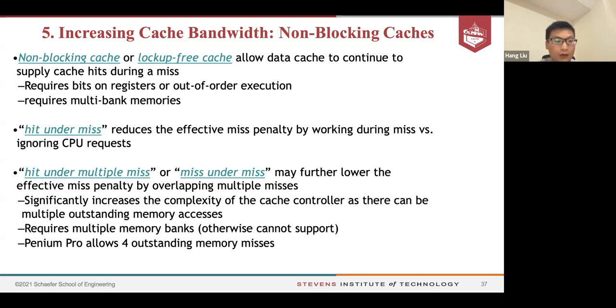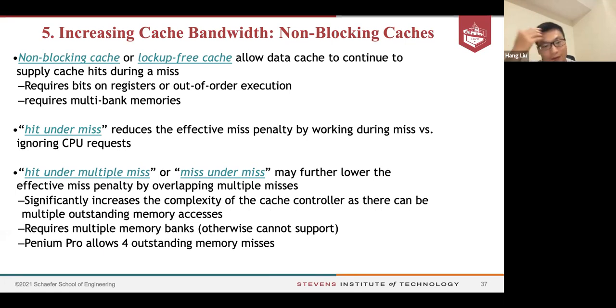It may further lower the effective miss penalty by overlapping multiple misses. It significantly increases the complexity of the cache controller, as there can be multiple outstanding memory accesses waiting for the missed cache. It requires multiple memory banks, otherwise we cannot support the hit under miss, because when you have a miss, you immediately go and fetch it, and you can still serve hits on time, right?